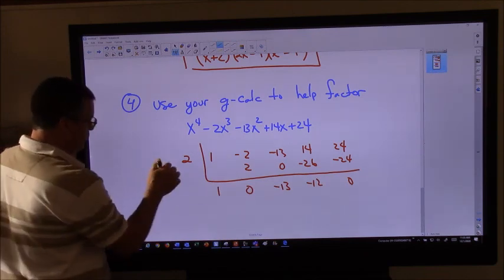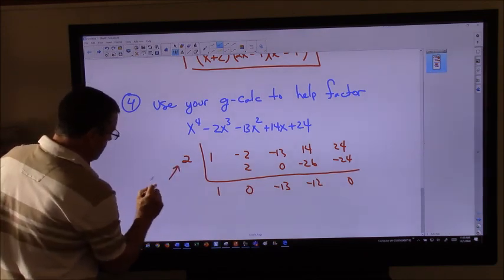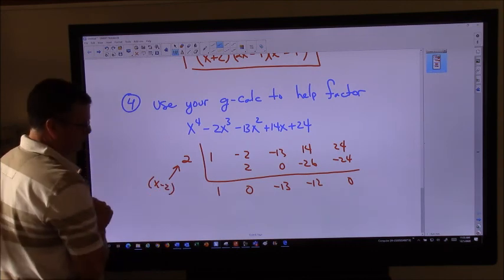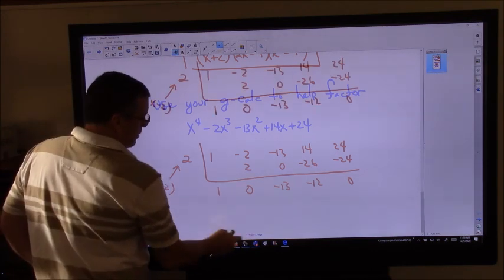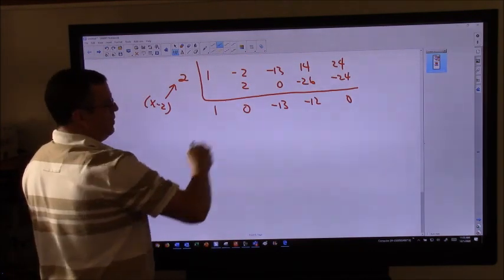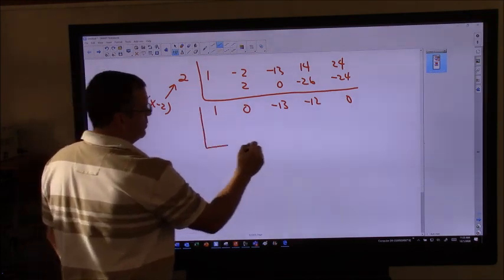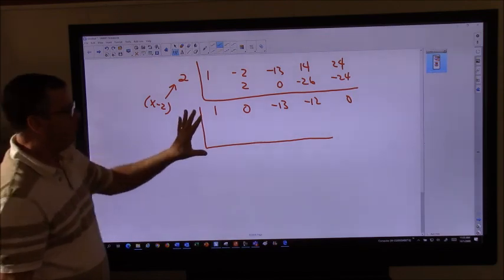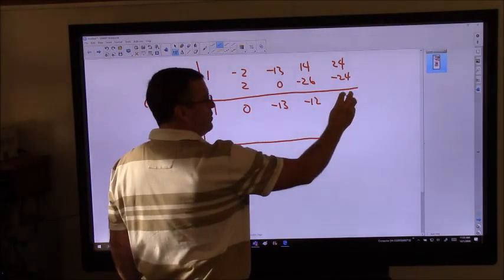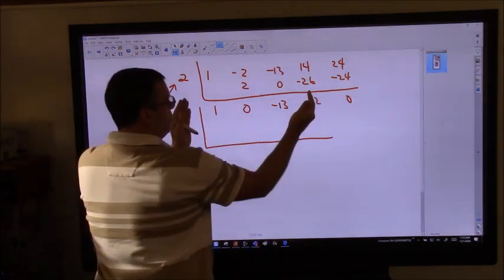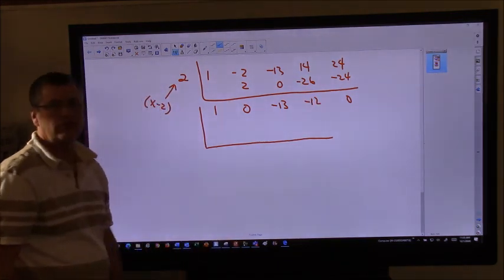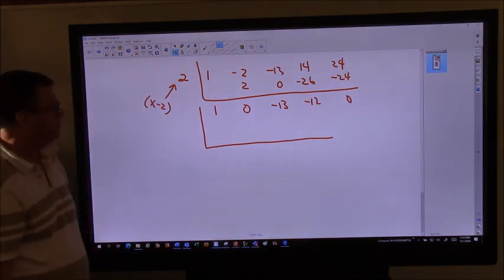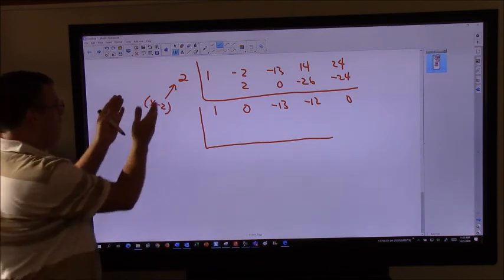I need to make sure I know that this is going to be the factor x minus 2. Since I have these numbers written here, I could just go ahead and continue on and do synthetic division. But real important here, I don't want to use this 0. I am now using this set of numbers, because I've already got one factor.